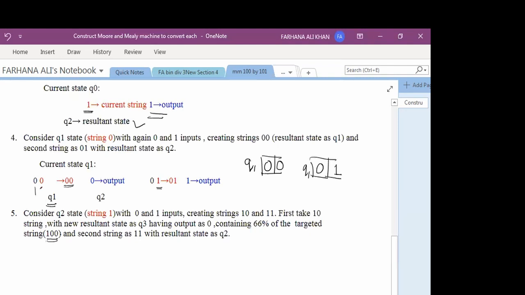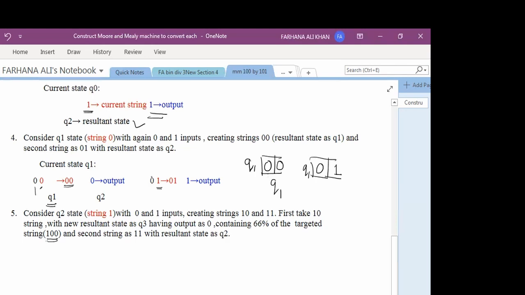Here it is not having any match. If it had started with 1 and then had 0, it would contain 66% of your solution. But previously, the first bit was not 1. So this is not containing any percentage of the required string, 100. So this is your rejected string and it is indicated by the state Q1.